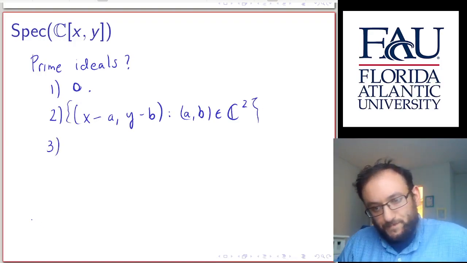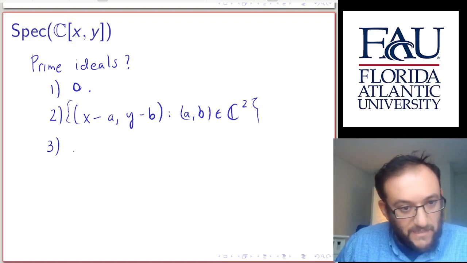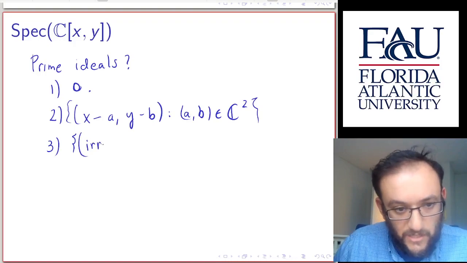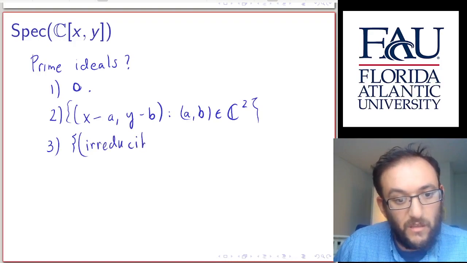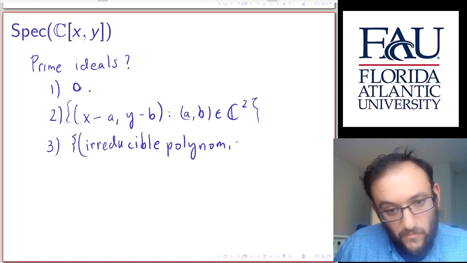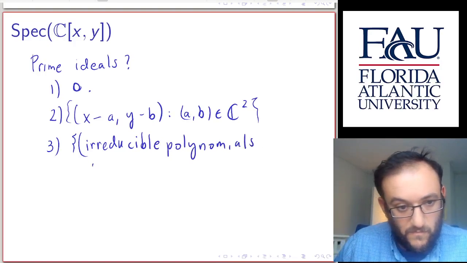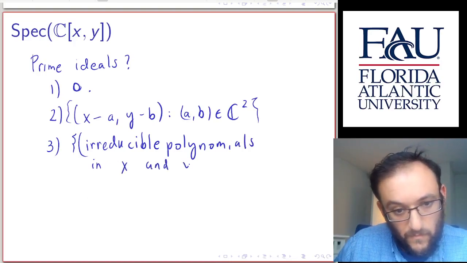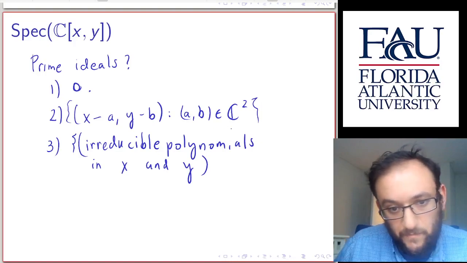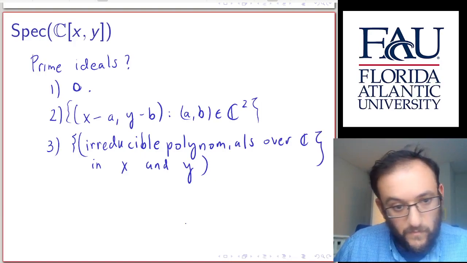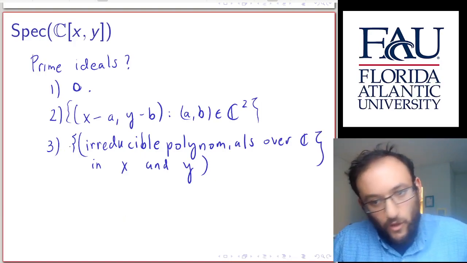What else do you get? Well, here you get the set of prime ideals generated by irreducible polynomials in x and y, over C. And here you get all sorts of examples.